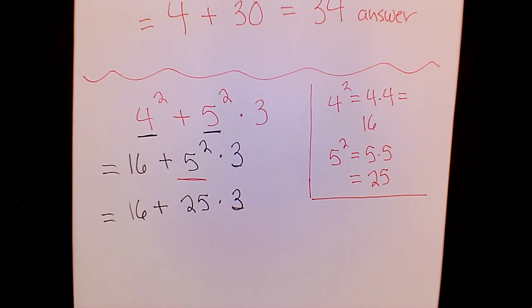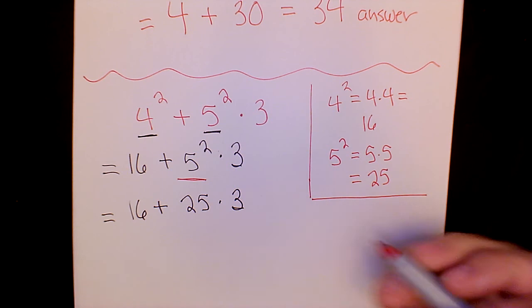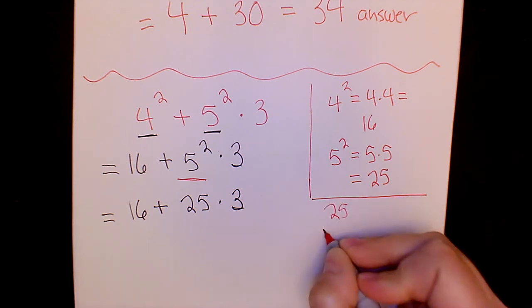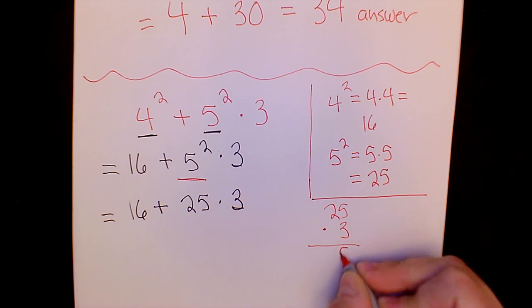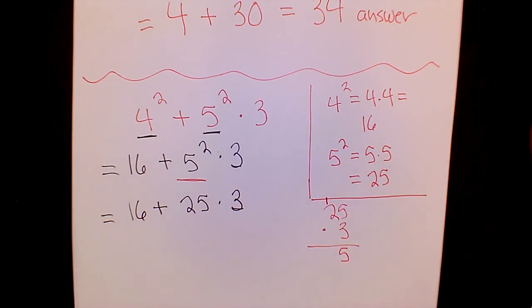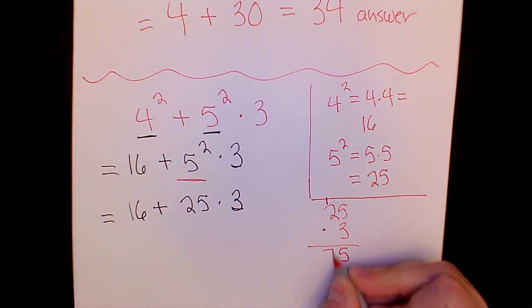Okie doke. So am I going to add or multiply? So you're correct if you said multiply, because that's number 3. That's the third thing we do. So 25 times 3, 5 times 3 is 15. Carry the 1. 2 times 3 is 6 and 1 is 7.